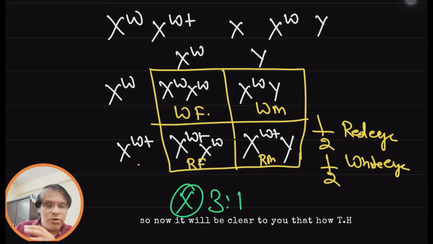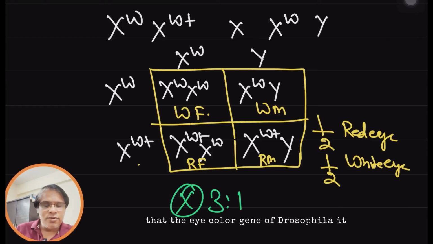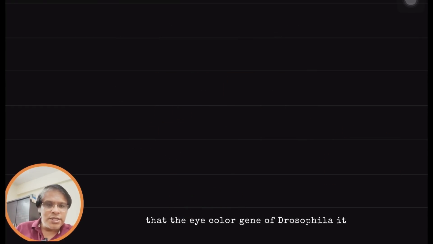Now it will be clear to you how T.H. Morgan explained the genetic results by assuming that the eye color gene of Drosophila is present on the X chromosome. This experiment clearly proved the chromosomal theory of inheritance. What does the chromosomal theory of inheritance say?